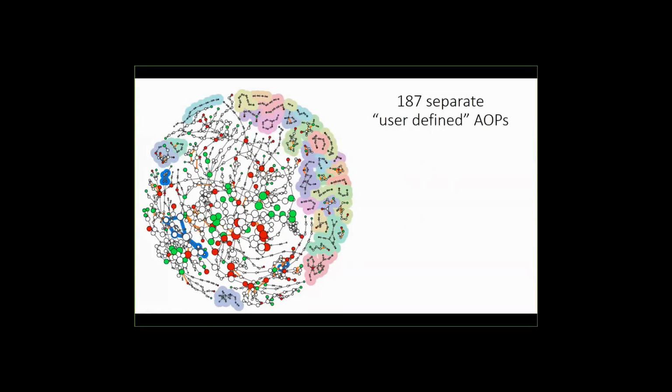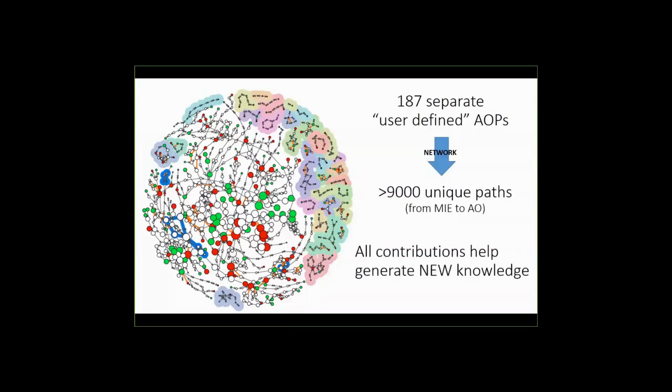And even though there was only 187 separate AOPs, these actually formed 9,000 unique MIE to AO paths. So anytime you contribute any sort of knowledge to the AOP framework, you're not only sharing this useful knowledge with your peers and the risk assessment community, you could also be contributing to the generation of new knowledge that might not have existed before.